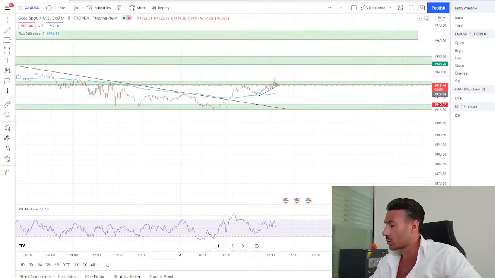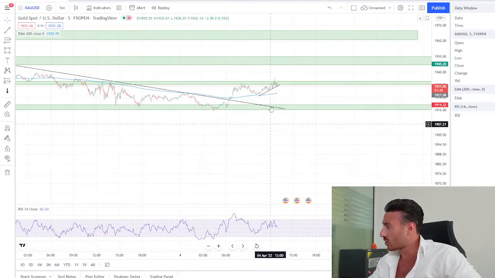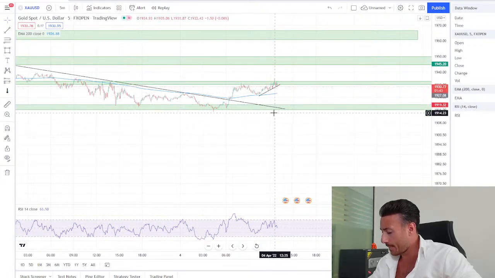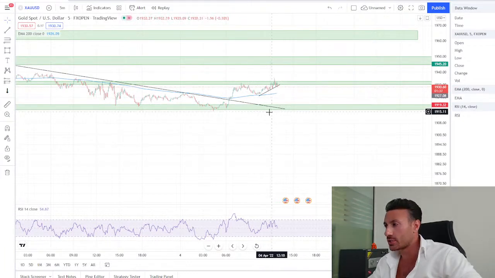Nevertheless, gold is a good hedge. That's why we've seen the price of gold go up exponentially, testing the all-time high again at 2070. So far, gold is trying to break down this trend line. My open position: I have a short position, a sell position.